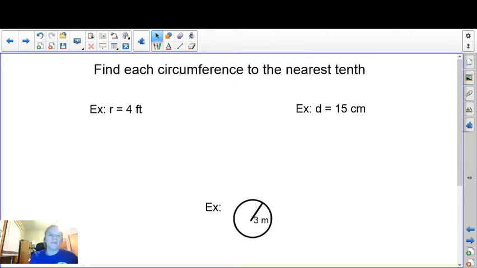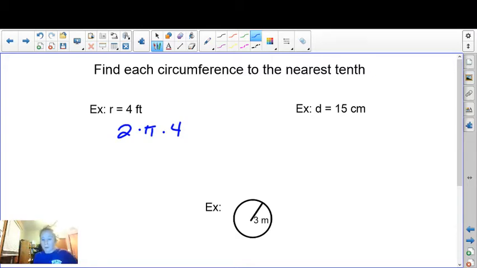All right, let's go ahead and find the circumference of each, and we want to do this to the nearest tenth. So we're going to need my handy-dandy calculator because we're going to need to use my pi. Since I'm given the radius, I have 2 times pi times 4.